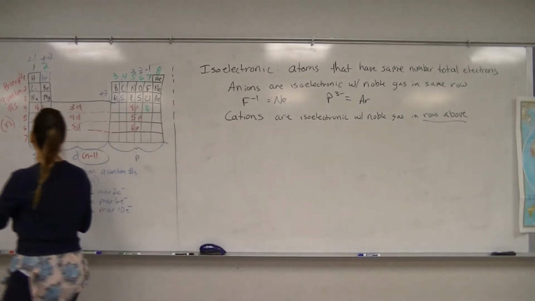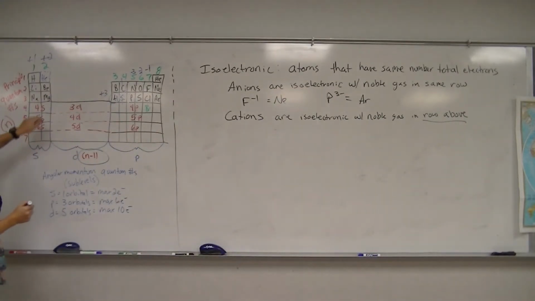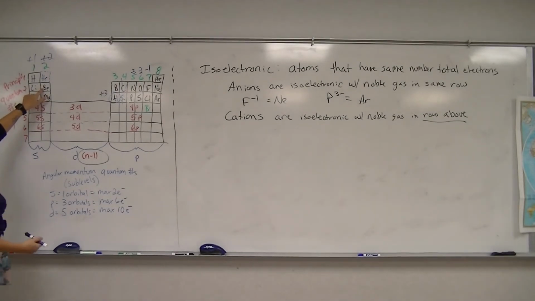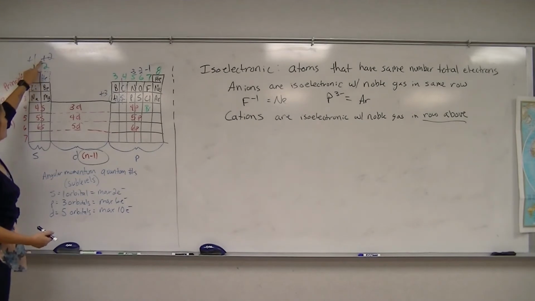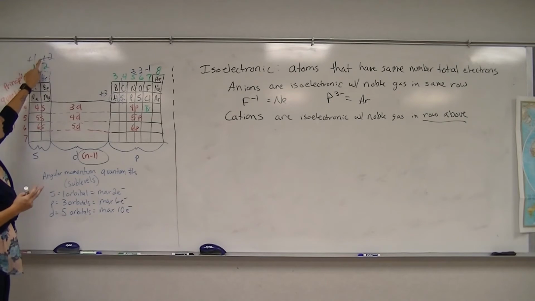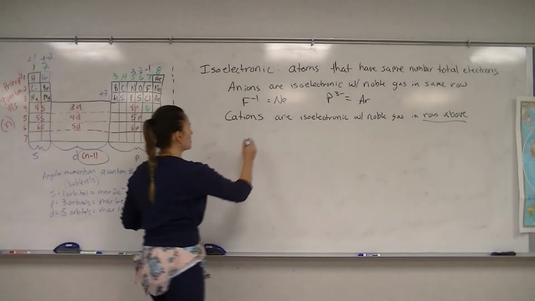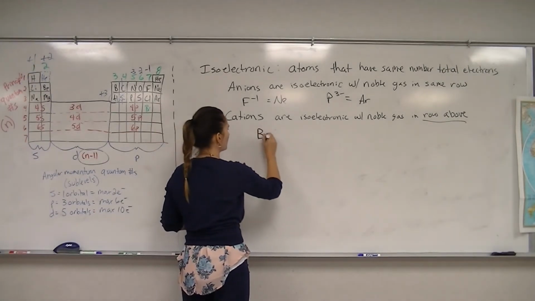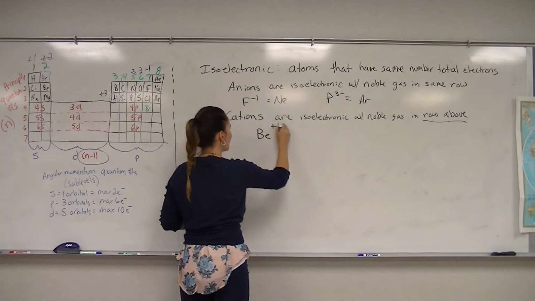Okay, so let's try one. Let's do beryllium, Be. So beryllium's a metal, it's going to lose electrons, it's going to become a cation. How many electrons is it going to lose? Well, it has 2 valence, so it's going to lose both of those. So it's going to form a +2. So my most probable ion for beryllium is going to be Be +2.